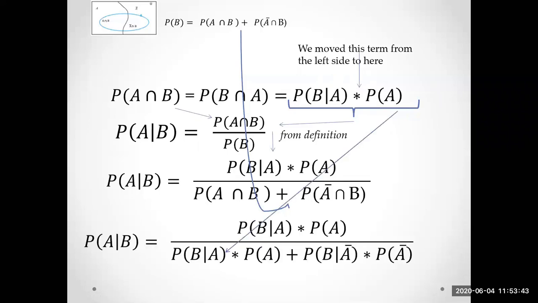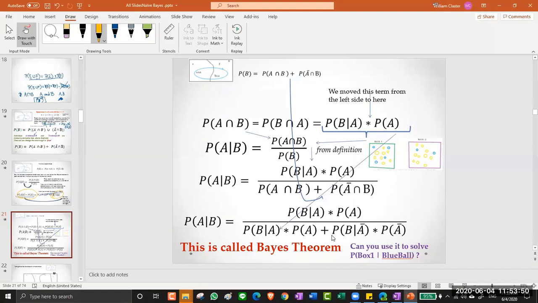Okay, then we do one more nasty thing, and that is we can rewrite this. How can we rewrite that? We can rewrite it like this. Why? Because the probability of A intersect B can be rewritten like this, right?